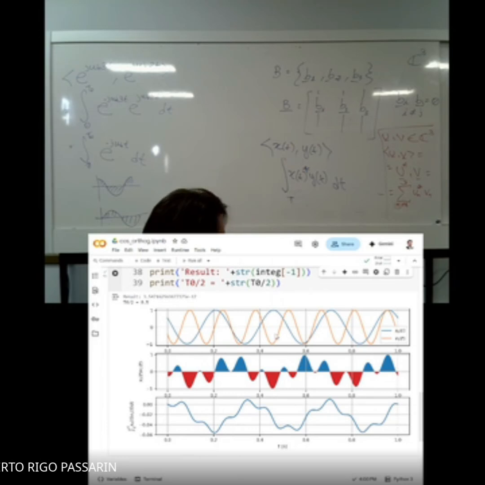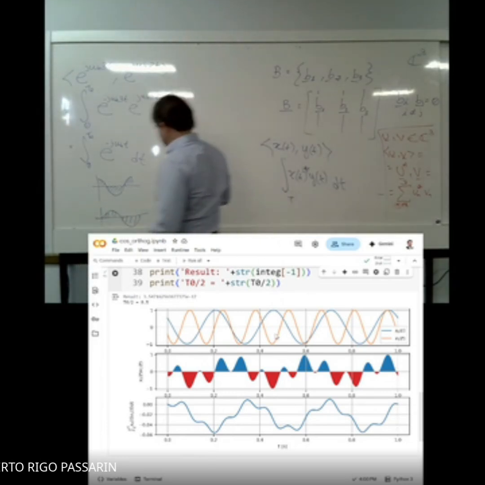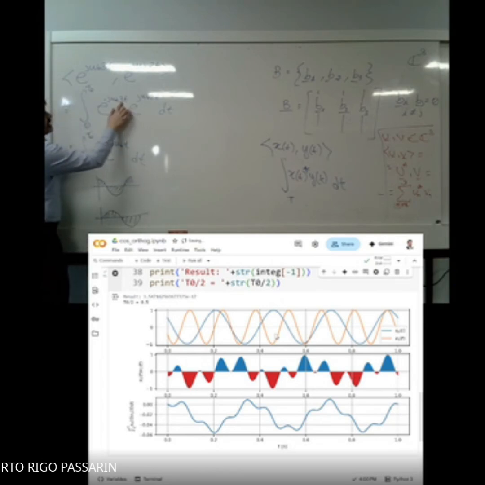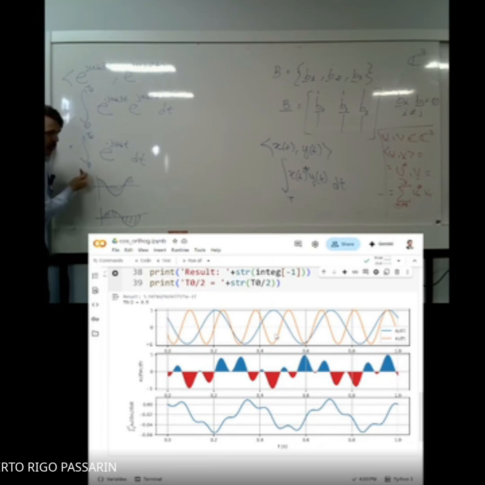When the frequency is the same, then we get something minus something plus something. We get 0. E to the 0 is 1. We integrate 1 over a period t0, then we have something different from 0.